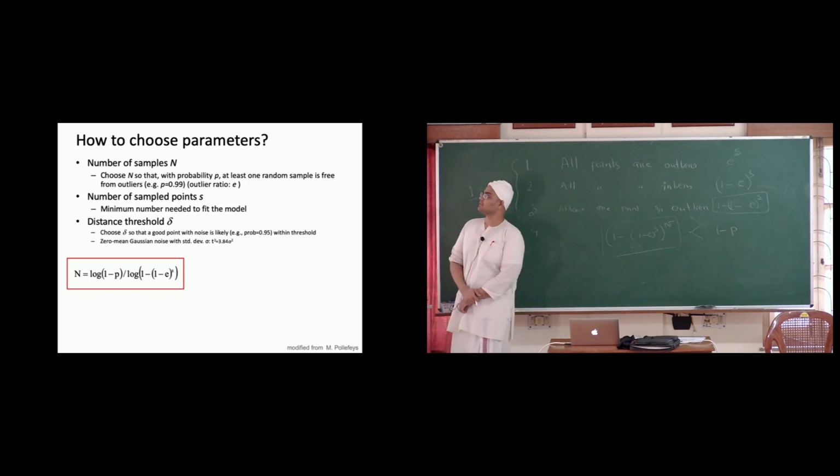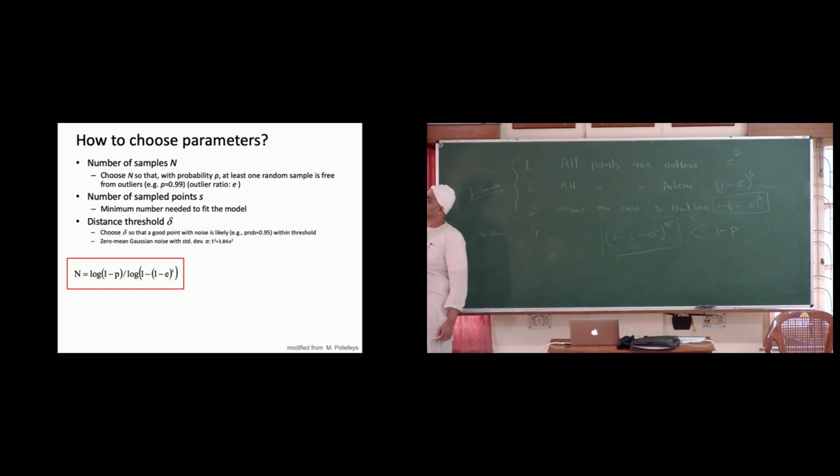P is the probability, with 90% or 97%, 95, quite a high number. That means that percent of the time, if you take this, there will be at least one sample where there won't be any outlier.